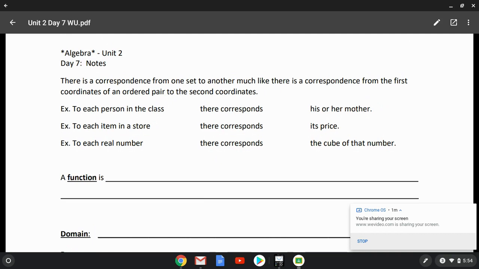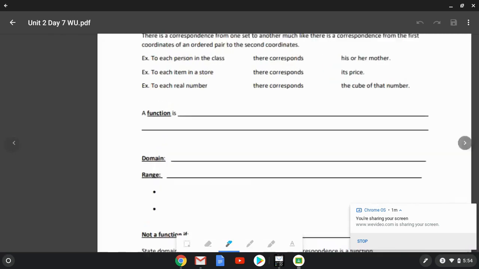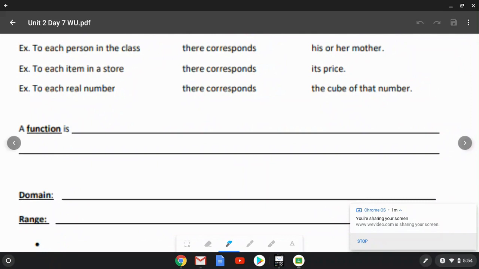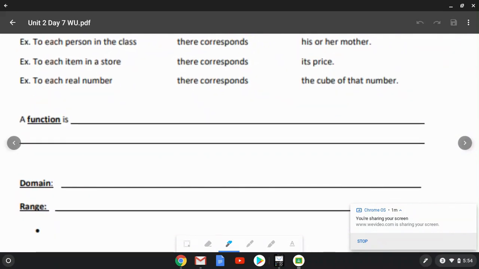So that's the first thing that I want to write down here, is that a function is an equation where each input, and typically it's an x value.